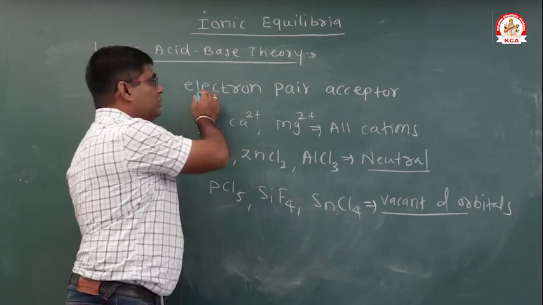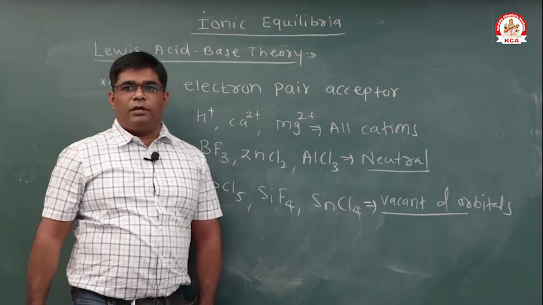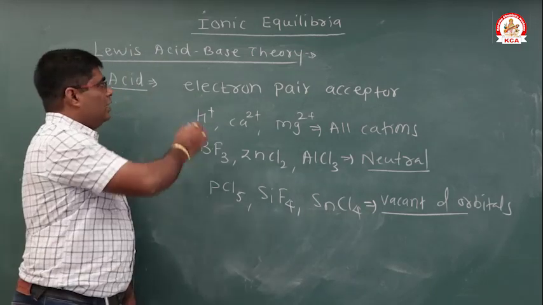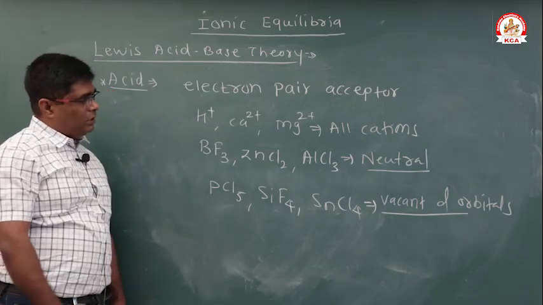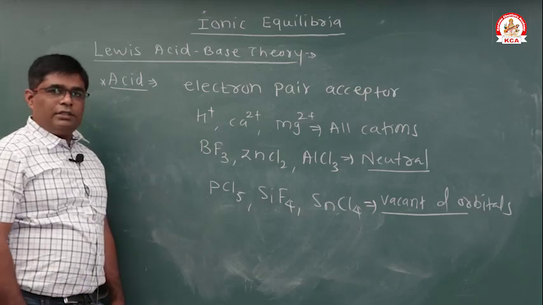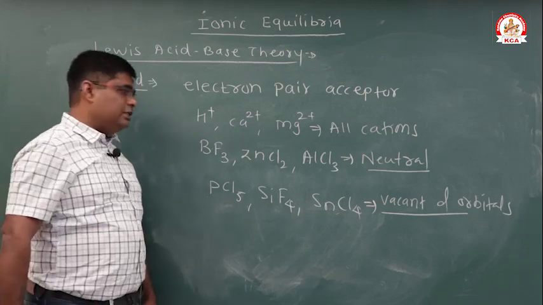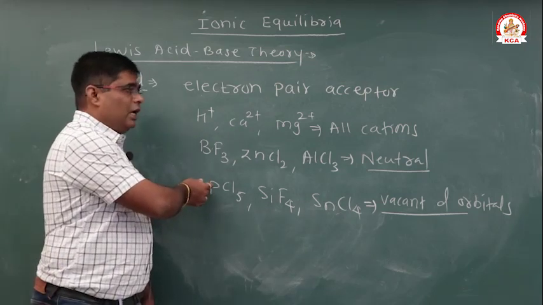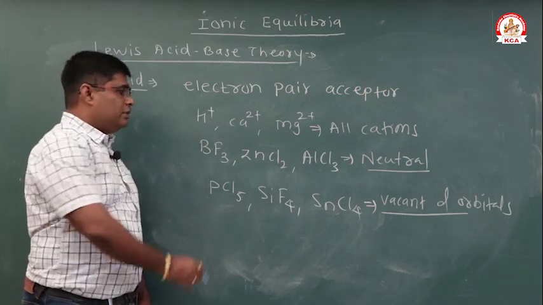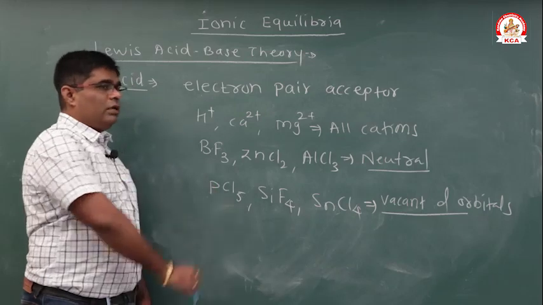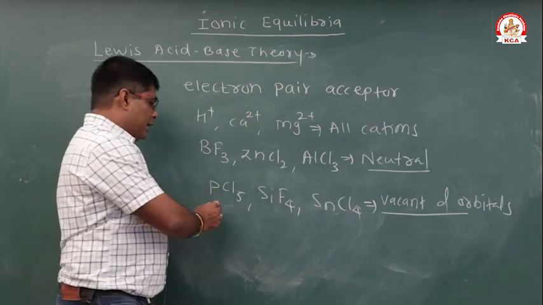The substances which accept the electron pair from other substances are called Lewis acids. All cations are Lewis acids. Neutral substances that accept the electron pair are Lewis acids, and the substances having vacant d orbitals that accept the electron pair are also called Lewis acids. म्हणजे काय?